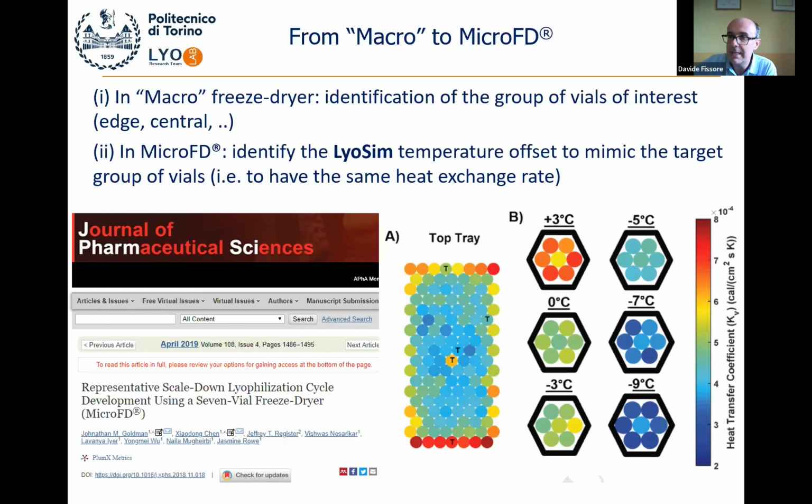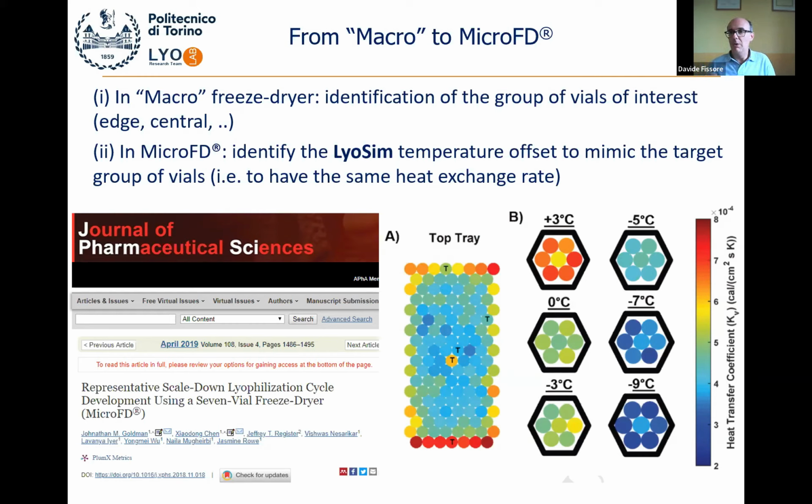vials. This is just dependent on the heat transfer rate. It does not depend at all on the formulation being processed. So you may carry out this test once in the life using water for injection, distilled water in your vials. You get this info, and then you may use this info.